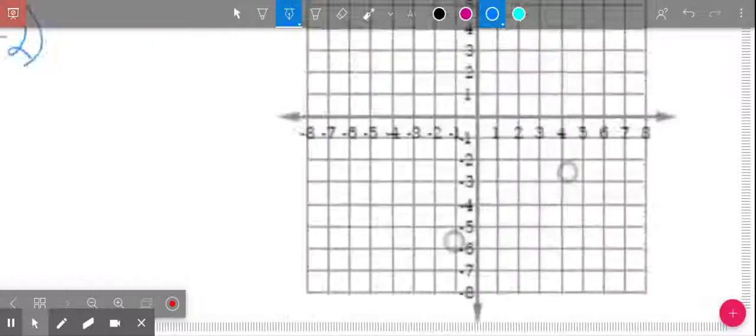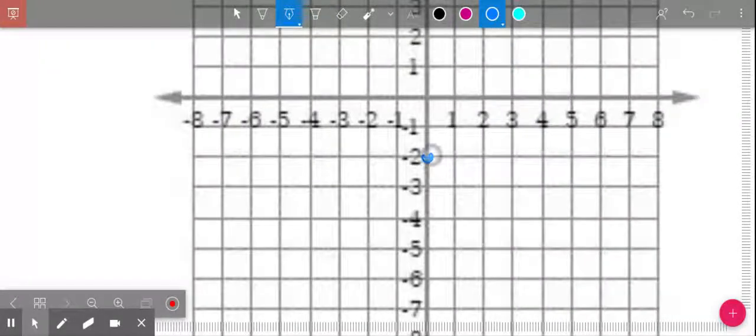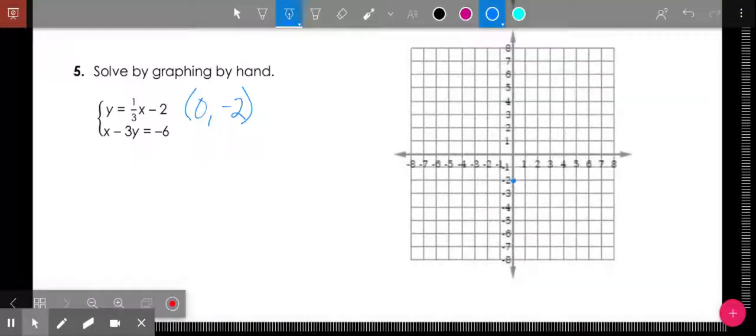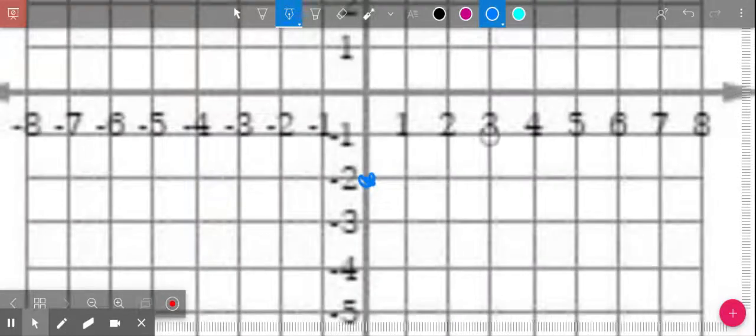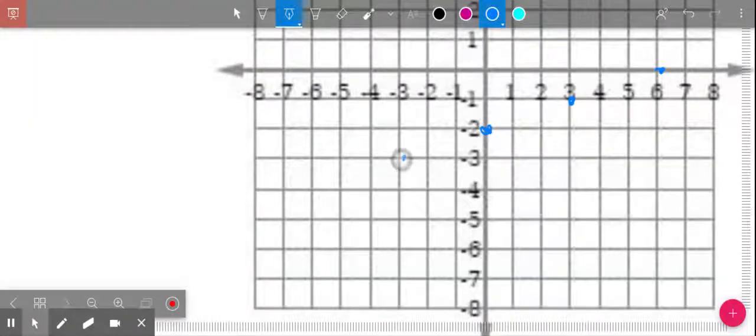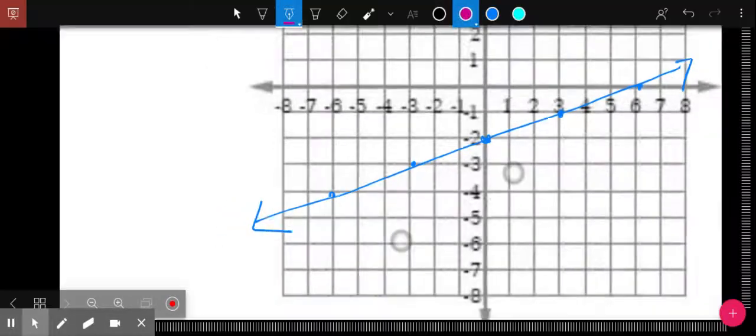So we're going to start by plotting that. And my slope is 1/3. It's positive, so that means our line is going to go up. We're going to go up 1 and over 3. Up 1 and over 3. And there's going to be my first blue line.